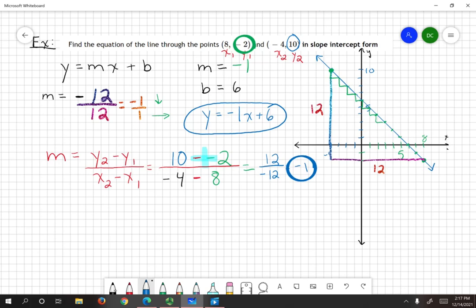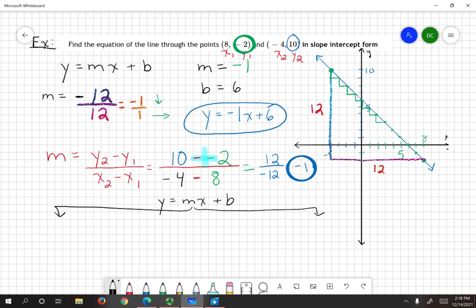Now what I have to do is take either one of those points, sometimes I do both, and I'm going to use the point in y equals mx plus b. I'm going to borrow an x and a y, plug in my m, and solve for b. Let's go ahead and do this using both points because, let's face it, math is fun.